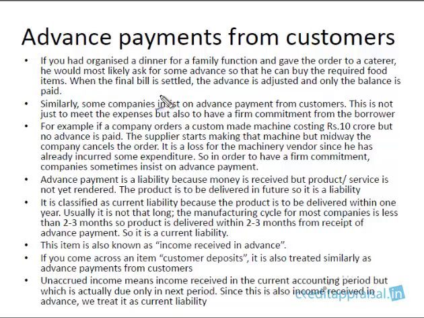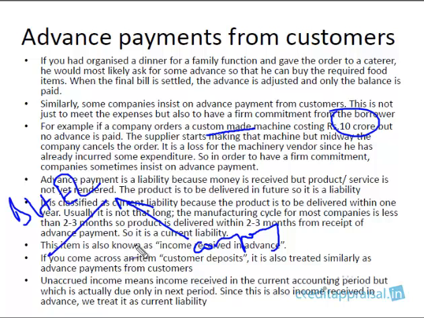The business logic for advance payment is very sound. Why do companies insist on it? Say there are a lot of custom-made machineries, for example a huge machinery costing 10 crores, made only for a particular order. A company such as BHEL has ordered a heavy vessel made specifically to its requirement.